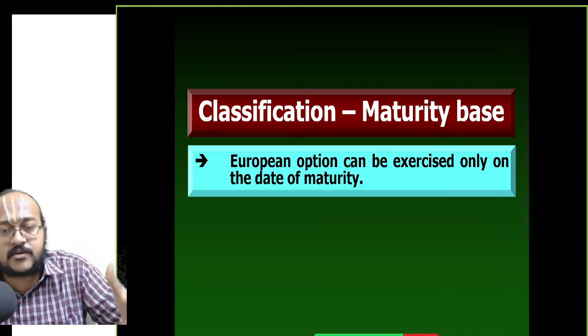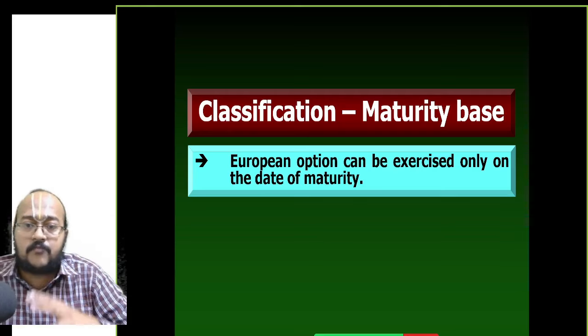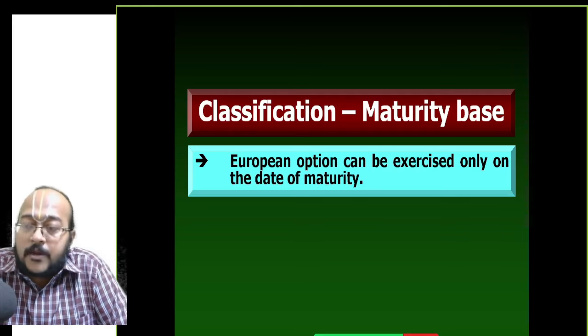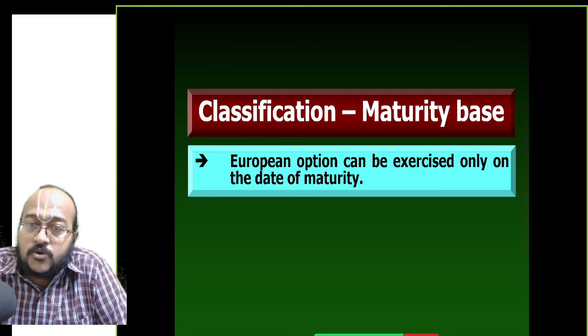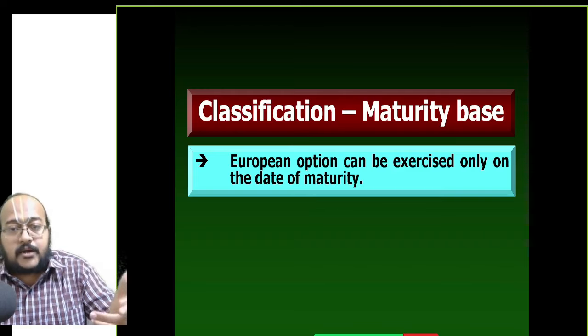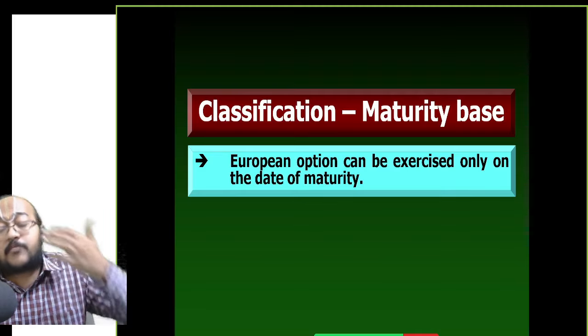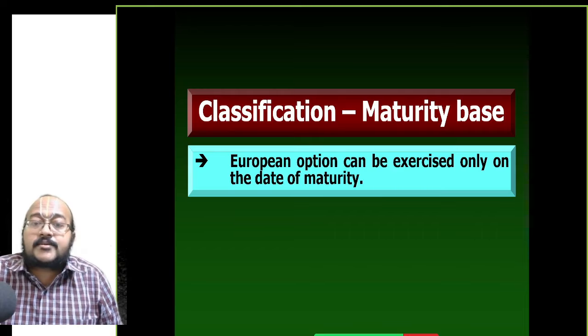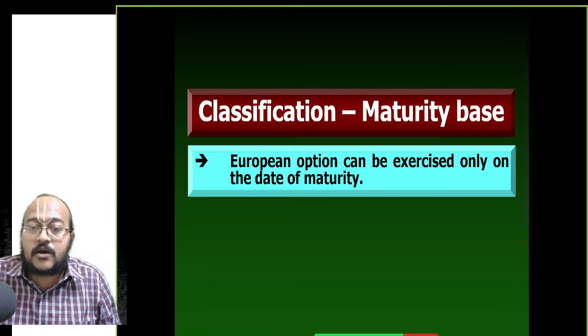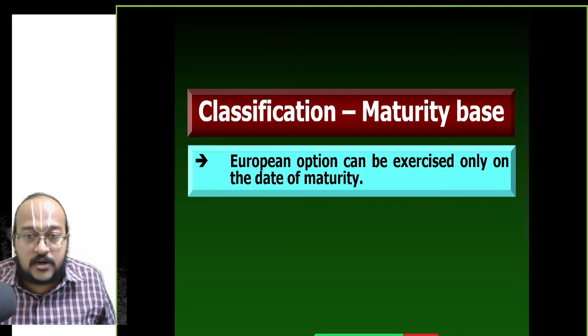Their financial instruments are available. European options are only available. What is the difference between a European option and an American option? I'll tell you. A European option can be exercised only on the date of maturity. If you are buying a 1 month, 2 month or 3 month contract, only on the date of maturity can you exercise or write, which means close off your position. Understood?